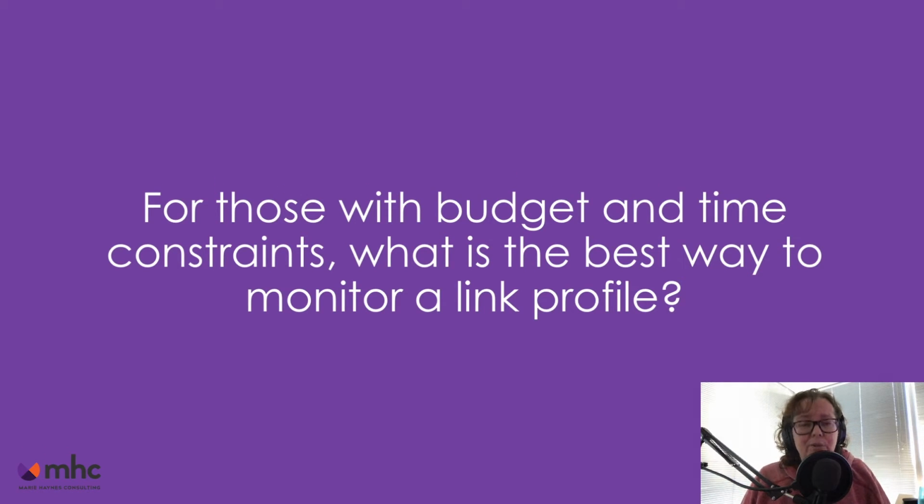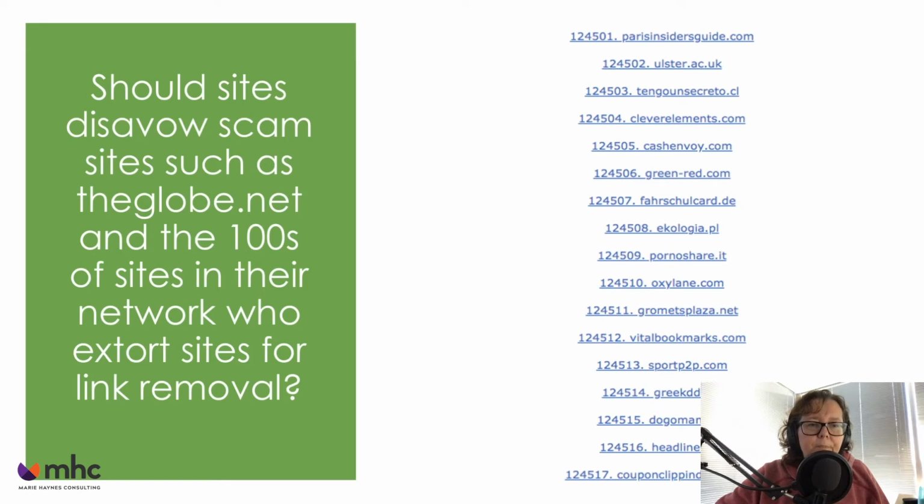If you see 1 or 2 of those, I wouldn't worry about it. But if you're seeing loads and loads of them, then you start wondering, all right, even though Google says they're good at catching negative SEO, maybe I want to just be careful and throw these in a disavow file to be sure.